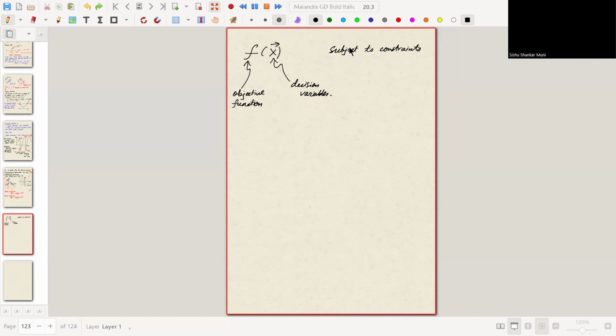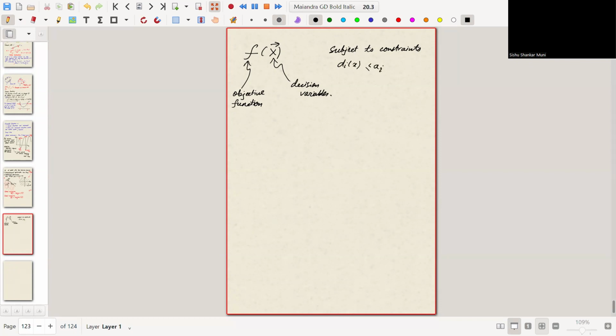Subject to constraints means, so this is which type of optimization problem? Subject to constraints of this form, you might see, this is just an example.